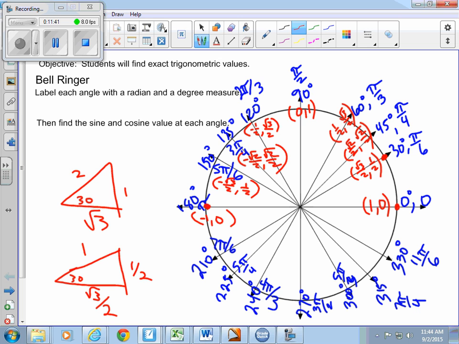Any questions so far? Now it's just a matter of changing signs, isn't it? In the third quadrant, what's the signs of all the points? Both negative, right?